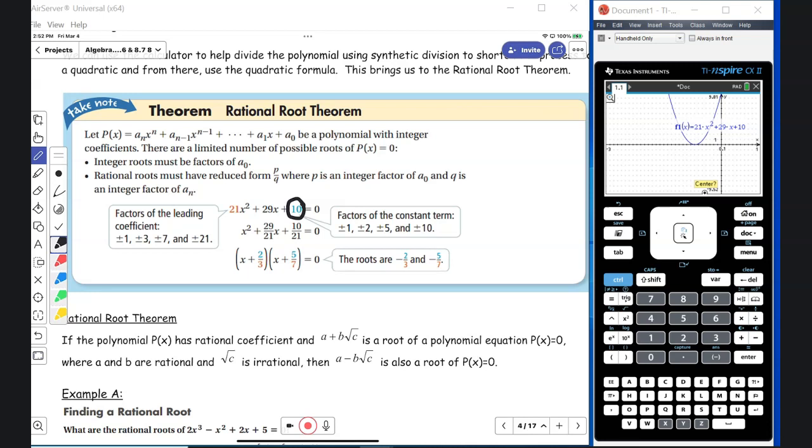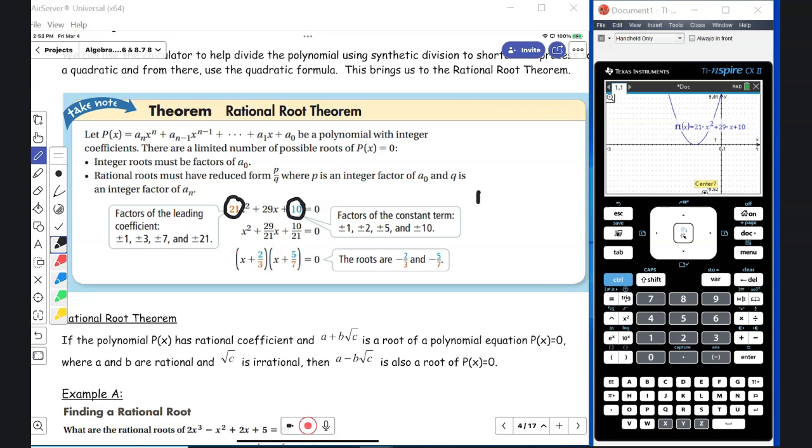And you know the factors of 10 are 1, 2, 5, and 10. And it's going to be the ratio of the factors of 10 over the factors of 21, which is 1, 3, 7, and 21. So if I had to show you the ratio, it would look something like this.